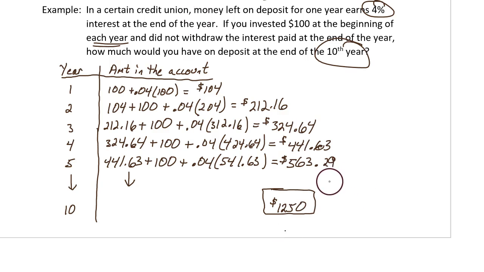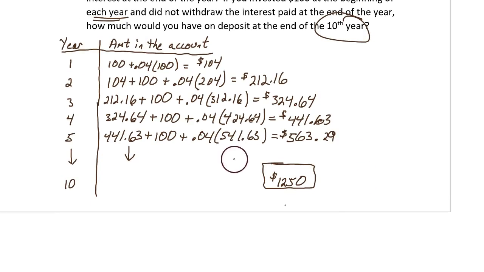Let's compare that to the compound interest situation from the earlier chapter and consider the situation where we make one principal investment of $100 and earn 4% for 10 years. This time we would use the formula amount equals $100 times (1 plus 0.04 divided by 1) to the 1 times 10.